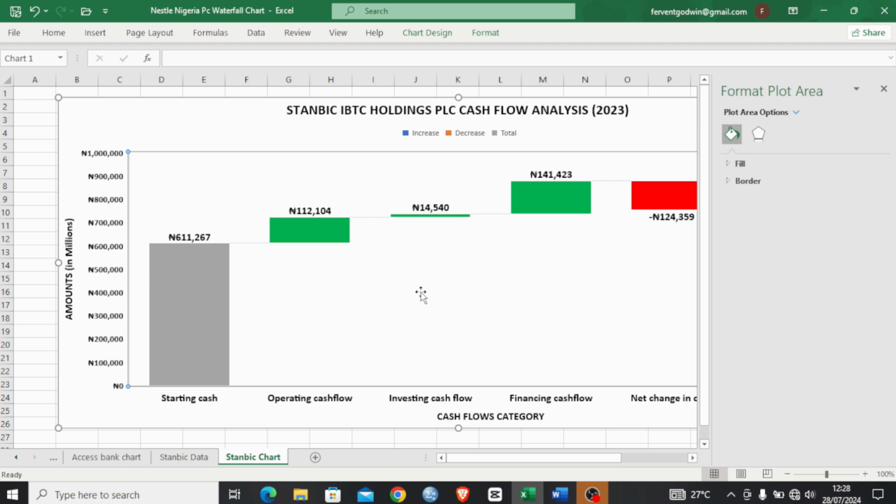Now, some of the reasons for this negative net change in cash could be operating losses. The company may be experiencing operating losses leading to a decrease in cash. It could be high capital expenditure. If you remember, I mentioned that with their cash flow here, one of the reasons may be that they sold some of their properties. It could also reflect some of the actions taken in the investing cash flow. Dividend payments too can influence this negative value.